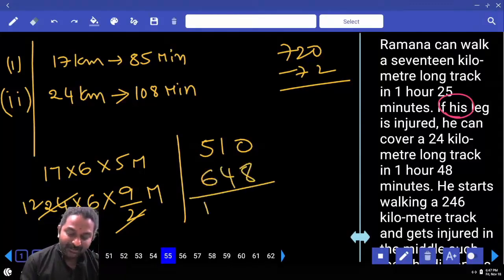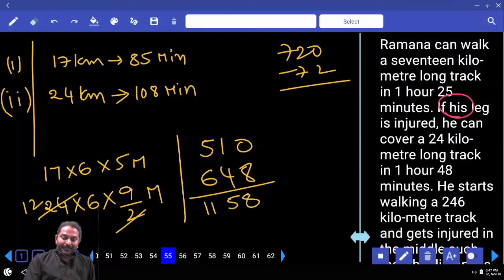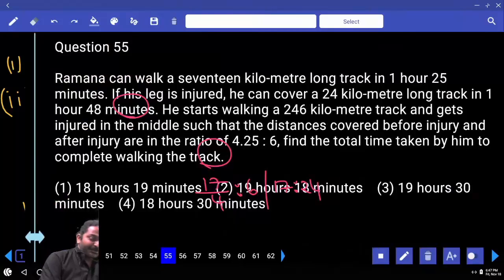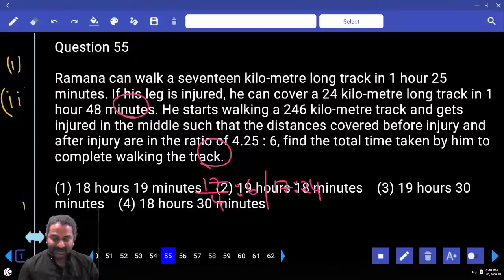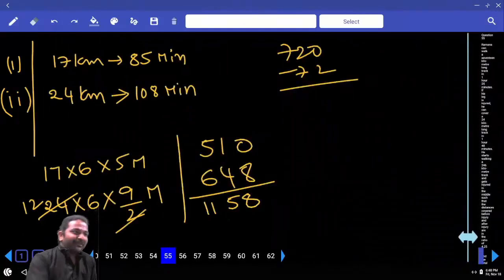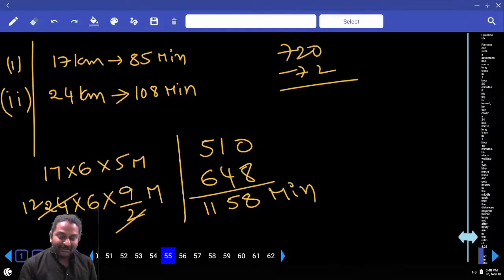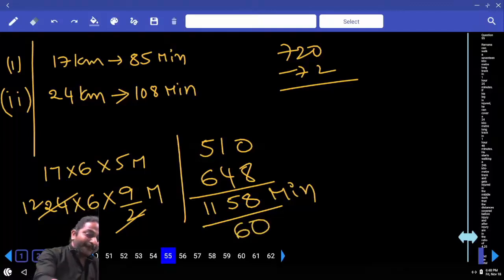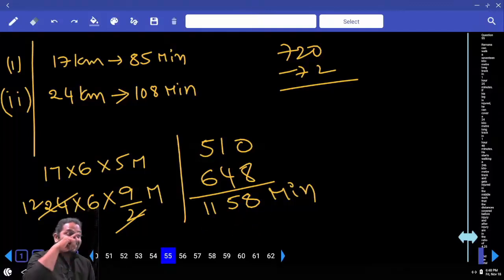648. So total how many minutes is it taking? 11:58 minutes, right? Look at your options. Options are in an hours and minutes combination. Now, can we use last digit verification? To convert these minutes into hours and minutes, we have to divide the number by 60, right? Our numerator ends with?